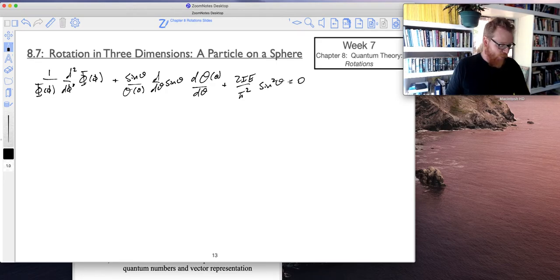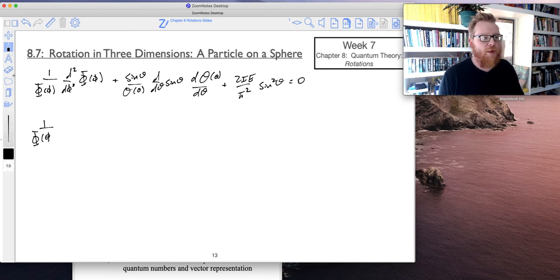And we're going to separate the phi's and the thetas. I promise you this is going somewhere logical. So when I separate the thetas, I get 1 over, oops, that's supposed to be a theta. Okay. So I get that, and then of course this second derivative of that function phi.